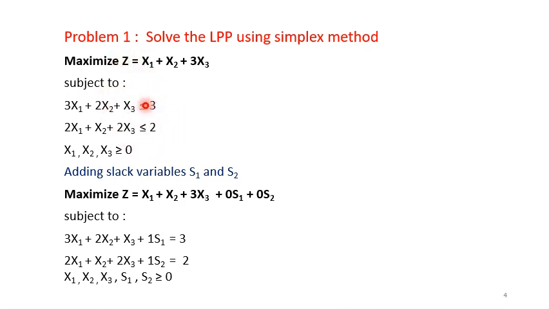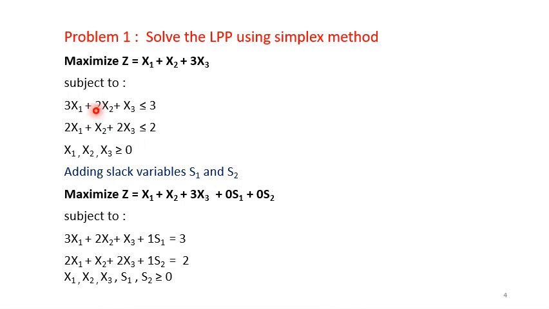So whenever you have such constraints, where LHS is less than or equal to RHS, something has to be added to LHS to bring it equal to the right hand side. So we now introduce two slack variables S1 and S2.